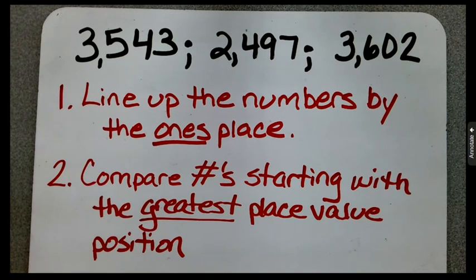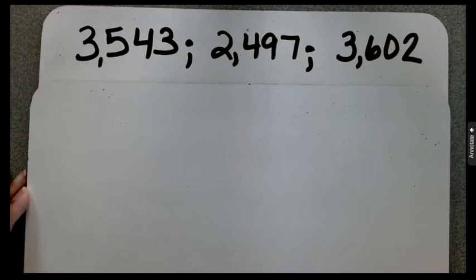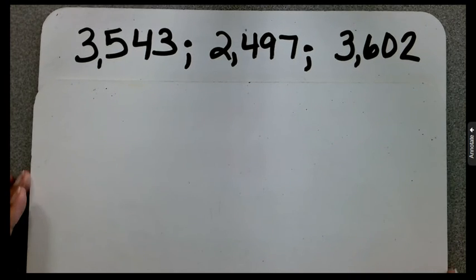So I'm going to give you just a second to finish writing these two rules down, and when you finish, I want you to read them over again. All right, now that we have those two rules down, we're going to work on following them to order these numbers, and we're going to order them from greatest to least.